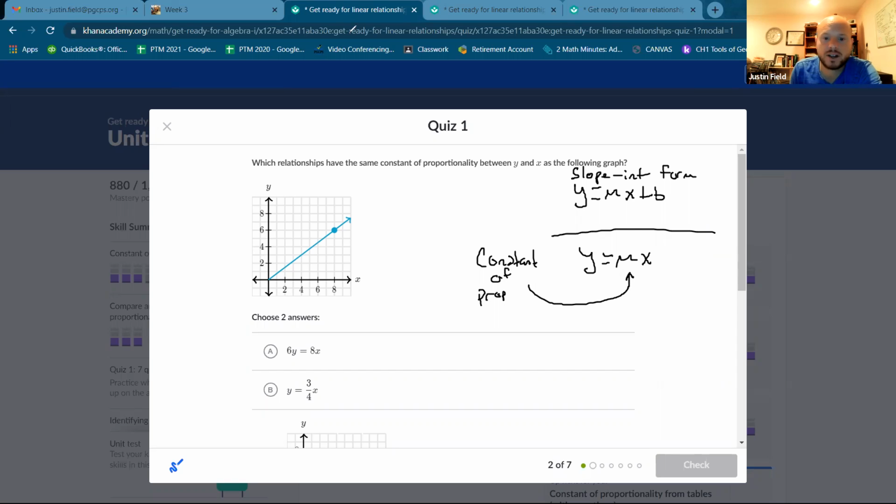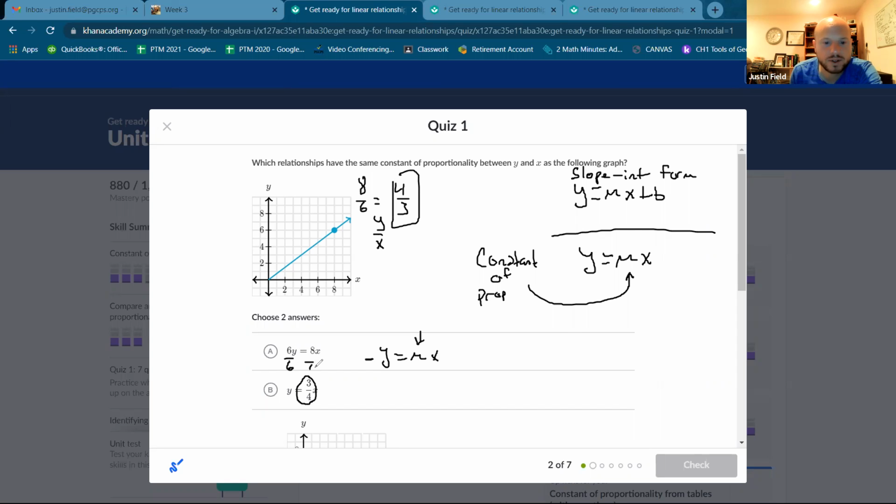So how do we see it on the graph? On the graph, it's y over x. In the equation, it would be the slope as long as the y value is solved for. So right here, it's 3/4. Right here would be 8 over 6, which is 4/3.